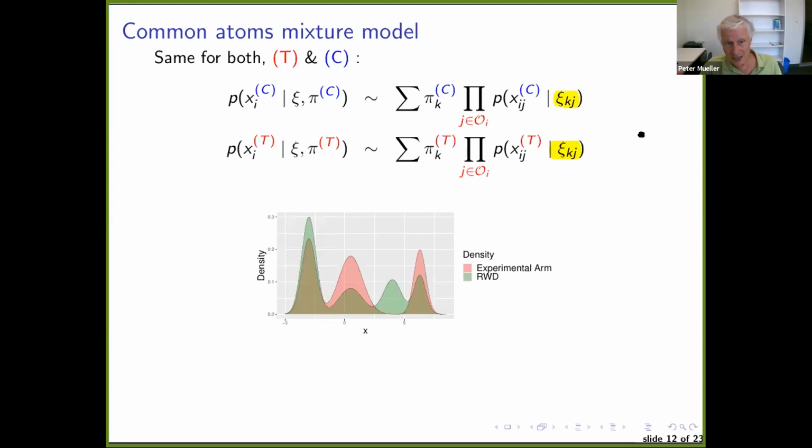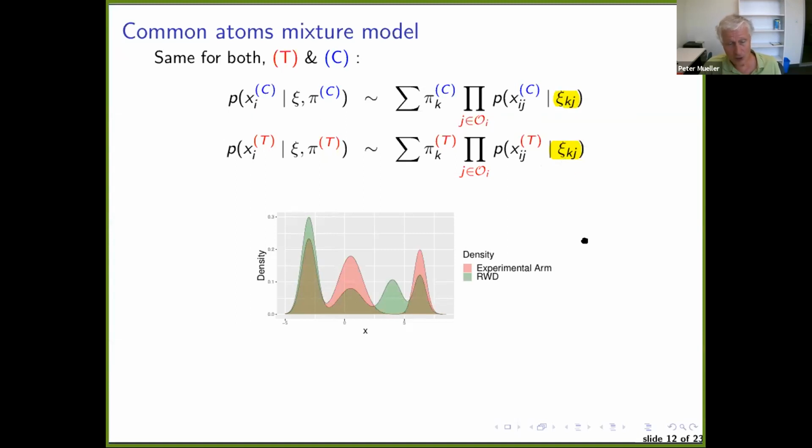And this is just copying from the previous slide. And now comes the important thing. We assume the same type of model for the red single arm treatment data, where we have now the red patients i from the treatment arm. And the important thing here is that everything has a super index blue or red, except for the cluster locations, the atoms, what I highlighted here in yellow. They don't have a red or blue super index because they are shared.